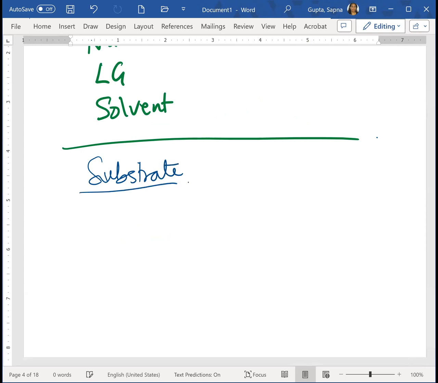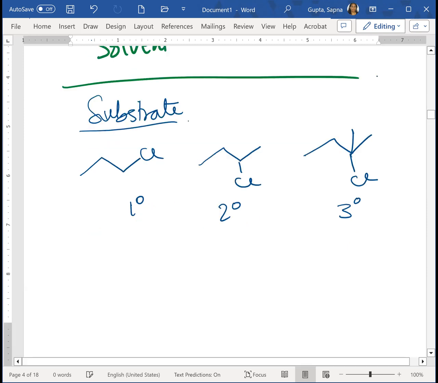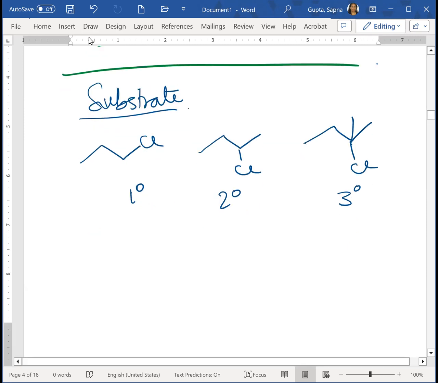So the substrate, you have 3 different kinds, as we said. I'm going to write them all: primary, secondary, tertiary. You don't have to write exactly the same structure as I have. You just want to make sure you have a primary halide, a secondary halide, and a tertiary halide.